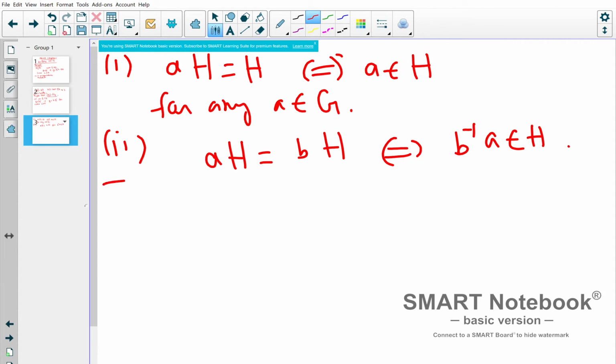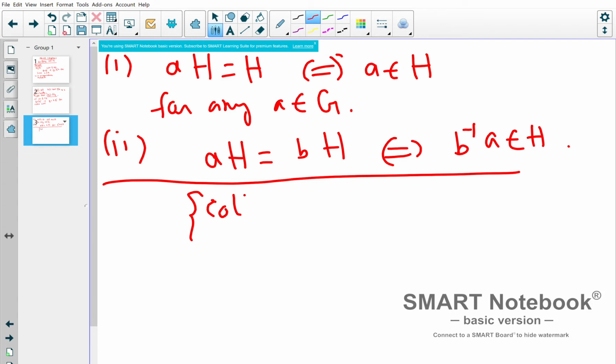Now, if I collect one type of coset, for example the left cosets, let me collect the collection of all distinct left cosets of H. You know that these are equivalence classes, so they are either disjoint or they are the same.